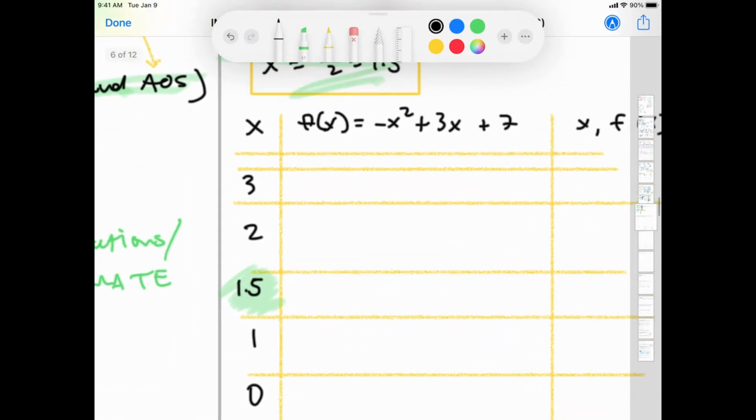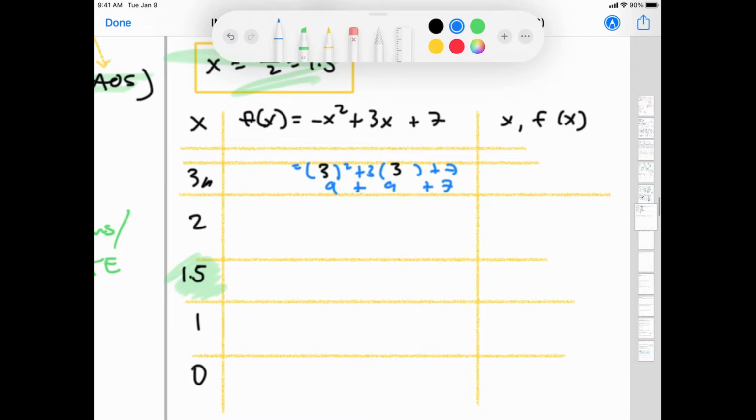Okay, let's go ahead and evaluate this. Negative something squared plus 3 times something plus 7. And if I have here 3, this will give us 9 plus 9 plus 7. So this would give us 18 plus 7.